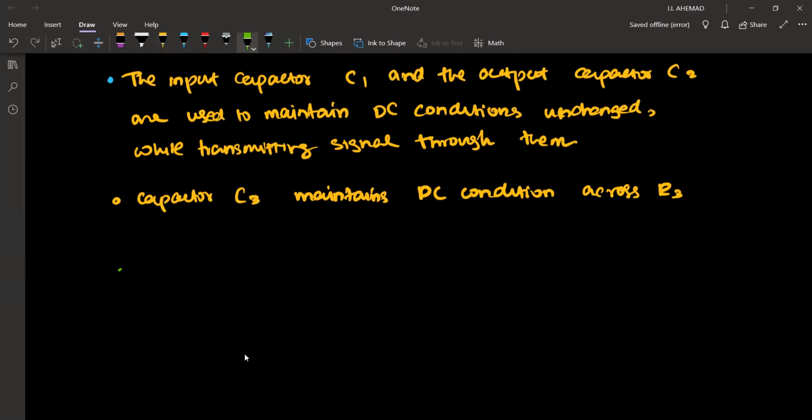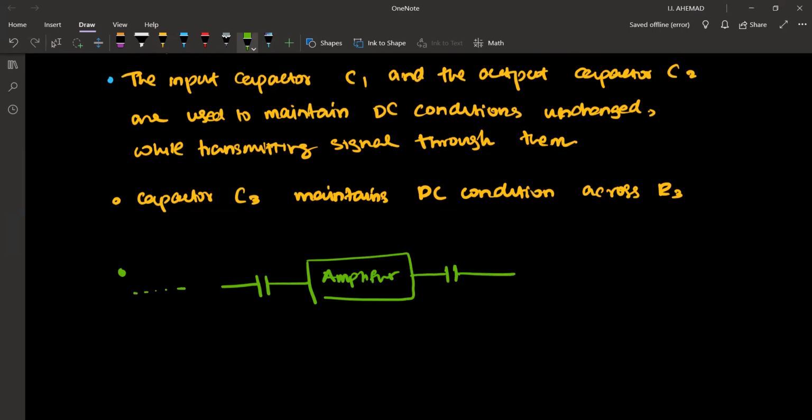So just like the BJT, here also, when we provide an input, so this is the amplifier circuit, let's say we gave an input just like this, and we are going to amplify this positive half.